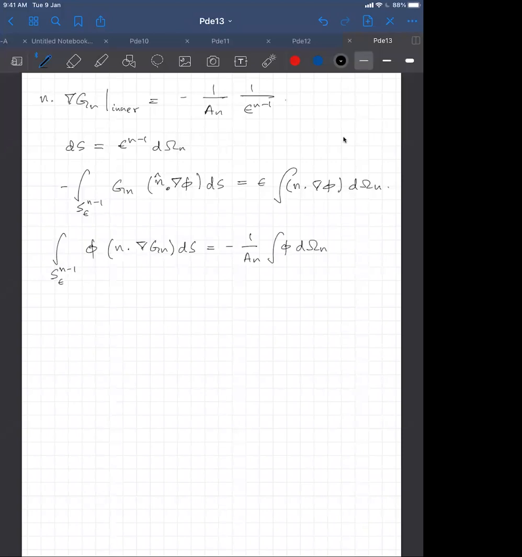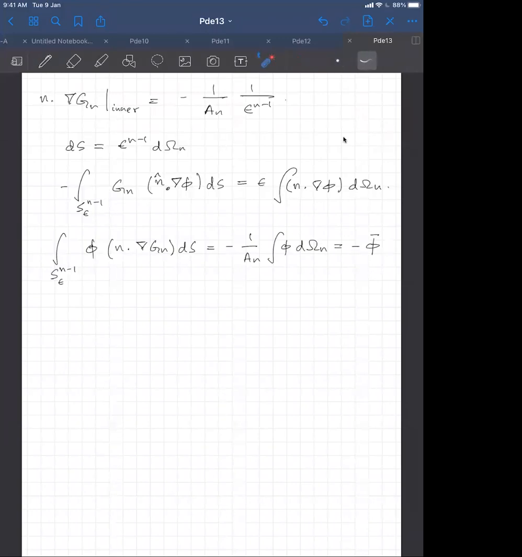This is by the stuff that we did here, and this simply is given by minus phi bar, let's call this phi bar, which is the average. So this is essentially just the average.